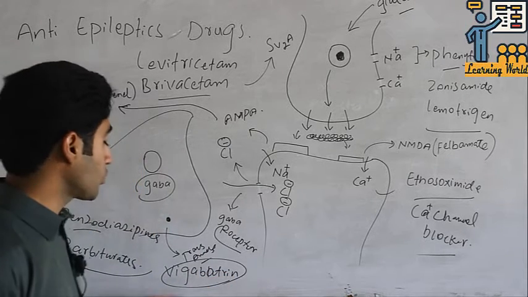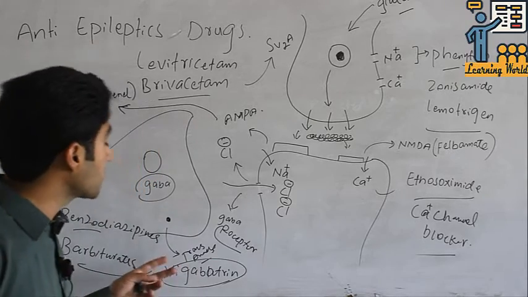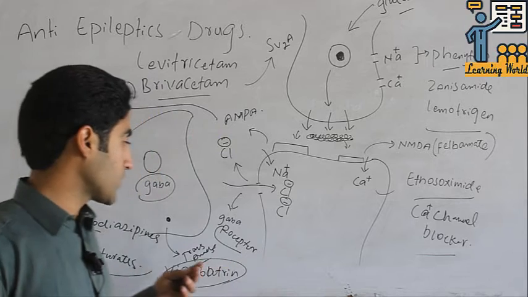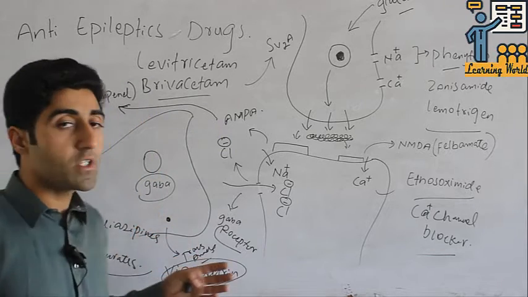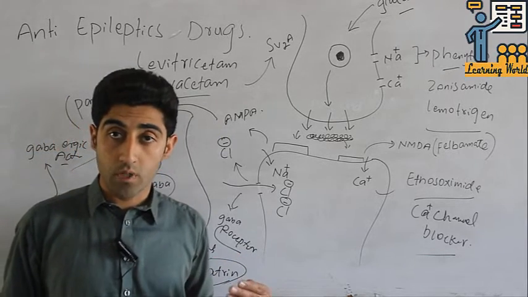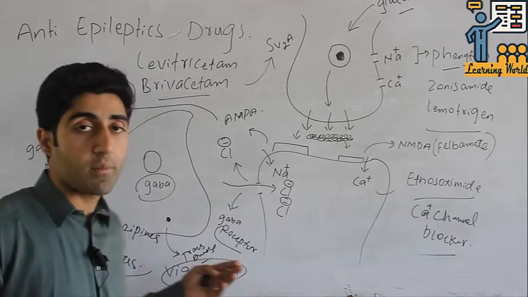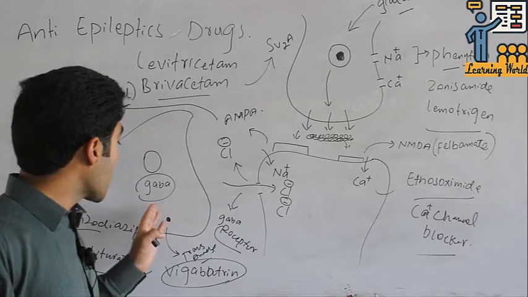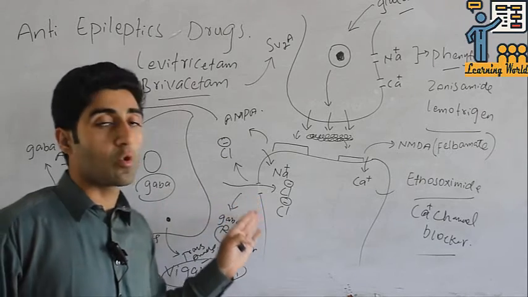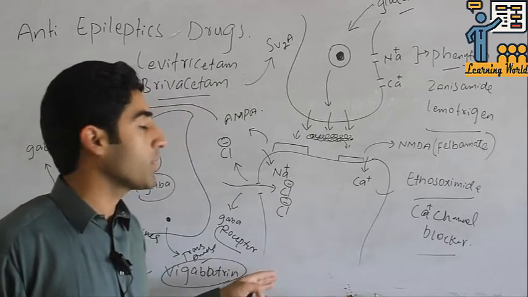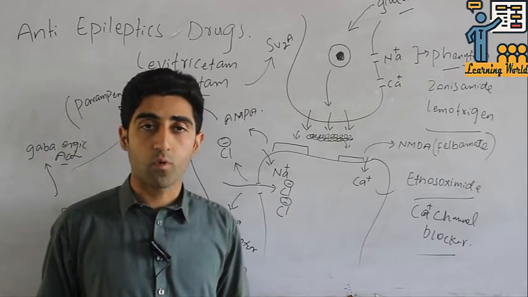Vigabatrin is used to inhibit the activity of this transaminase enzyme and to stop the metabolism of the GABA neurotransmitter. And when we inhibit the GABA metabolism, the GABA will act on the chloride channels and increase the chloride ion activity inside the postsynaptic membrane, which will cause the hyperpolarization.